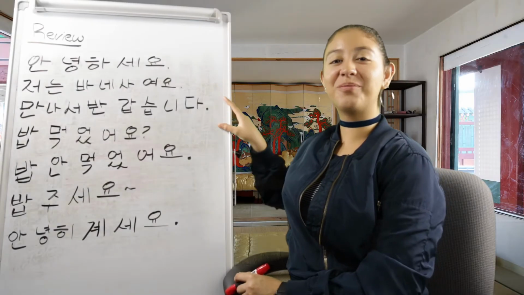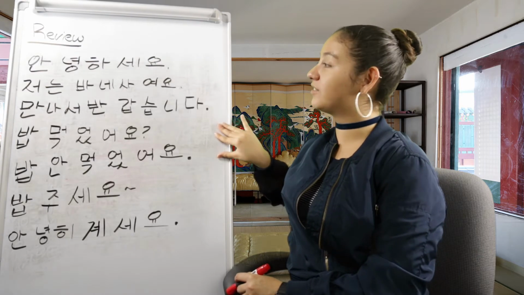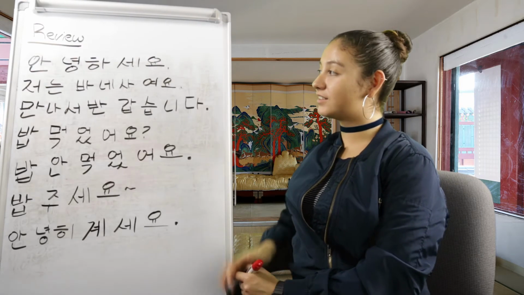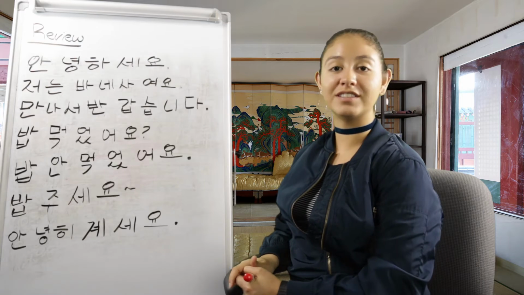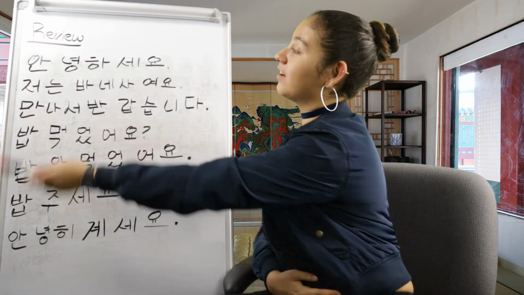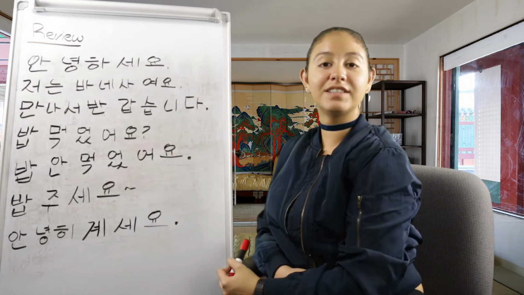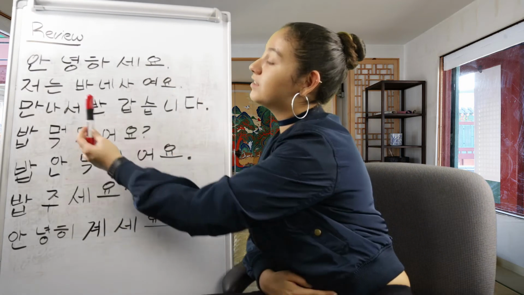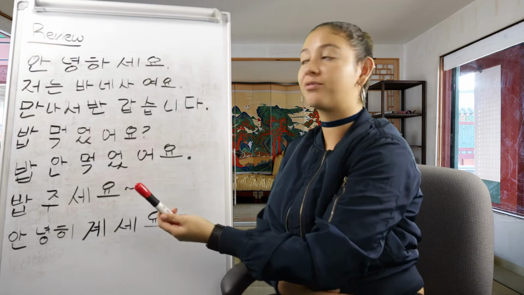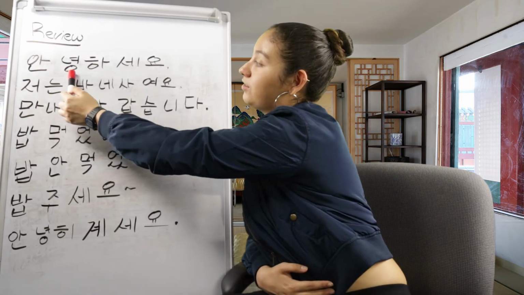So here we have a brief of almost everything that we went over throughout all these lessons. So let's go over it sentence by sentence. Here we have 안녕하세요. Use in formal sentence. If you want to use informal sentence for someone that's younger than you or a friend, you would just use 안녕.